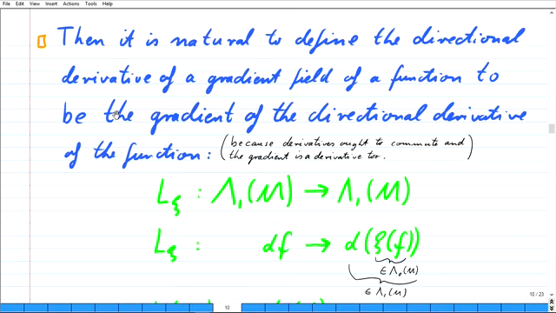So if we first take the directional derivative of a function and then apply the gradient to it, the d to it, that should be the same as if we first applied the d to it, then we have a one form, and then this as yet unknown directional derivative is acting on it. In this way, we can define what this directional derivative of one forms is going to be.